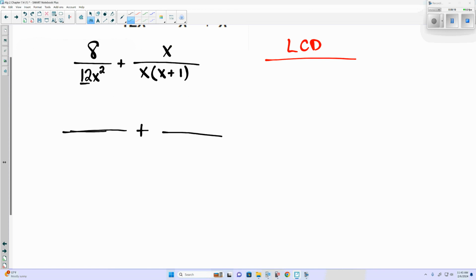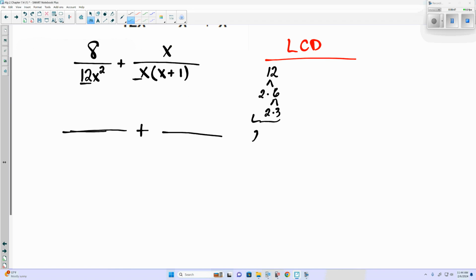And the first thing we can look at is the numbers in front, our numbers outside of our parentheses. One of them has 12, one of them doesn't have a number there. So it's understood to be 1. Well, let's do our prime factorization. We can do our prime factorization with 12, which is 2 and 6. 6 is 2 and 3.